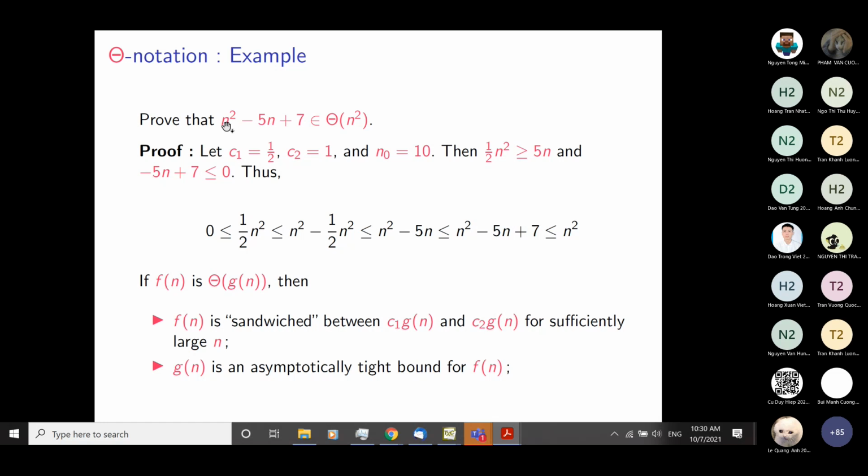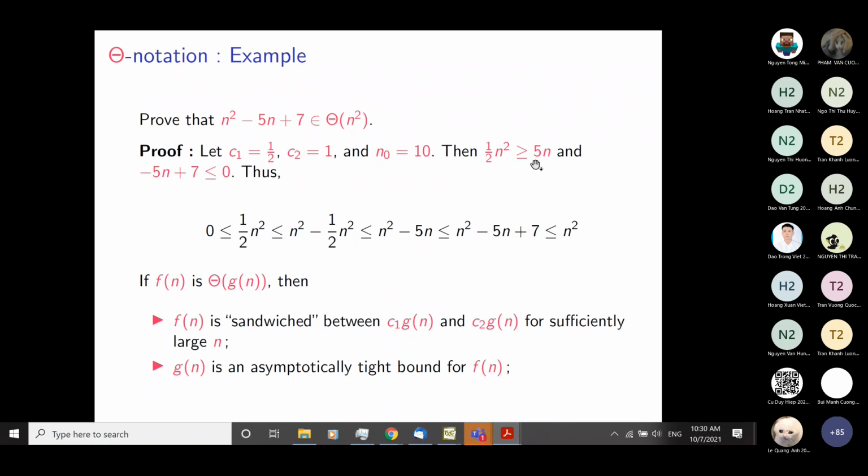So I have to have a value of n that will make this thing greater than 5n. Since my constant here is 1 over 2, this thing here has to be greater than 5n because I have selected C1 to be 1 over 2.